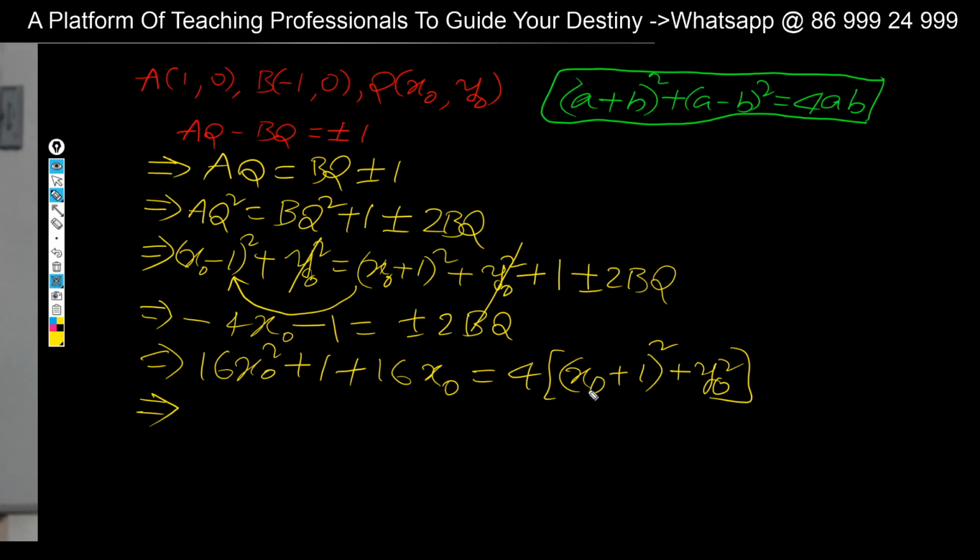Okay. Now let me write the direct step here. This is 4x0 square you have. Bring it to the other side. This becomes 12x0 square, and 16x0 here. This is 8x0, so you will have minus 8x0 this side plus 8x0.